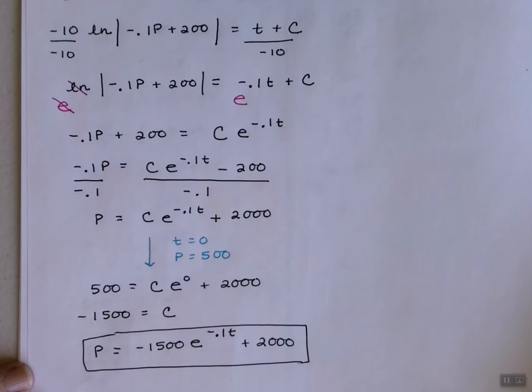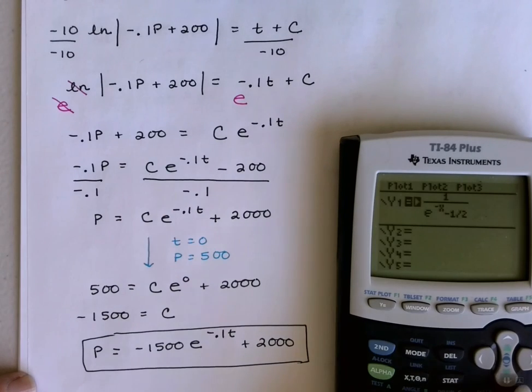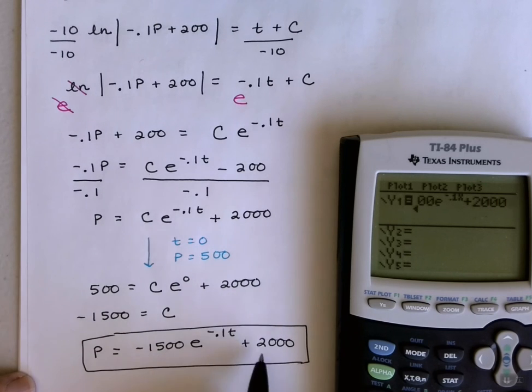All right, let's see what that one looks like when we graph it. I can tell I'm going to get some fairly large values. I probably got to go up to at least 2,000 in my y-axis here.